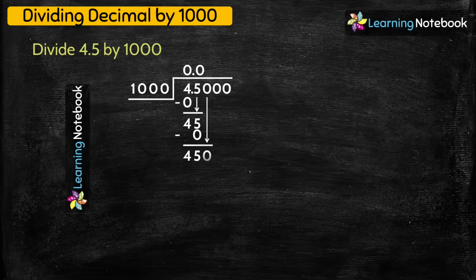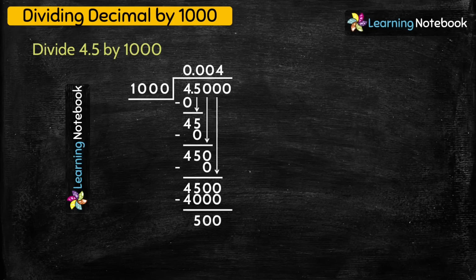Copy next digit 0 and again we will do 1000 into 0 equals to 0. So 450 minus 0 equals to 450. Copy next 0 and now we have to divide 4500 by 1000. So 1000 into 4 equals to 4000 and 4500 minus 4000 equals to 500.